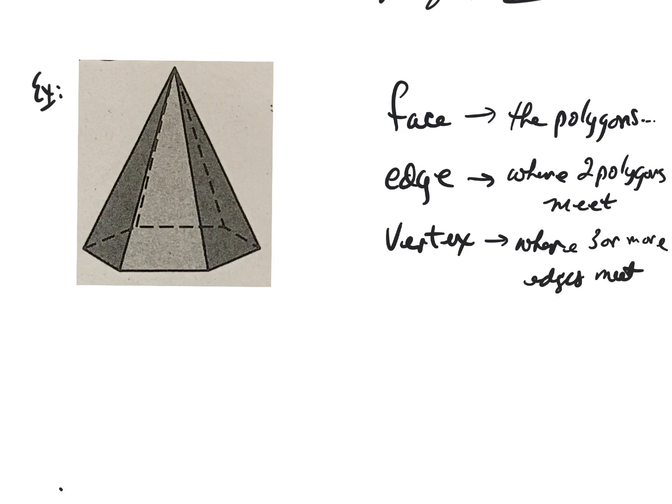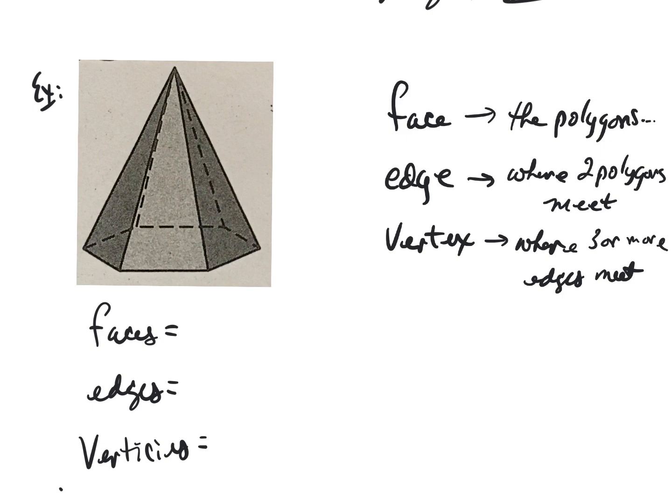Okay, and so one of our challenges is going to be to count the number of faces, the number of edges, and the number of vertices that a polyhedron has. Okay? All right. So the idea might go something like this.